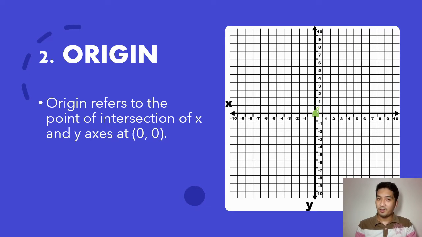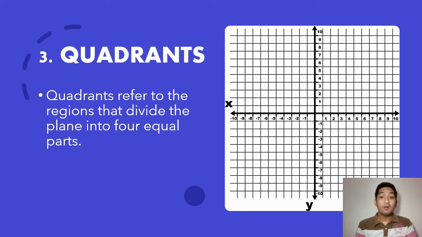Let's go with the third, which is the quadrants. Quadrants refer to the regions that divide the whole Cartesian plane into 4 equal parts. Okay? So quadrant refers to the 4 equal parts that divide the plane.